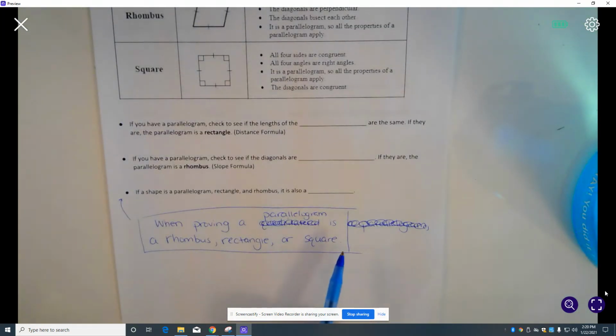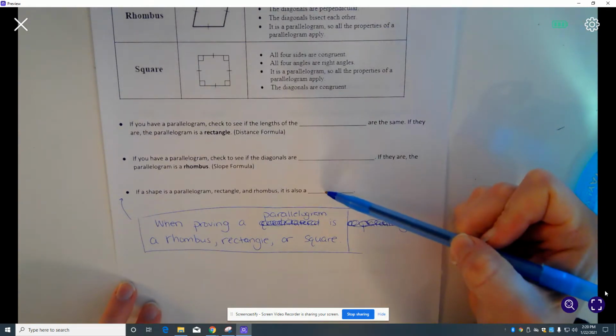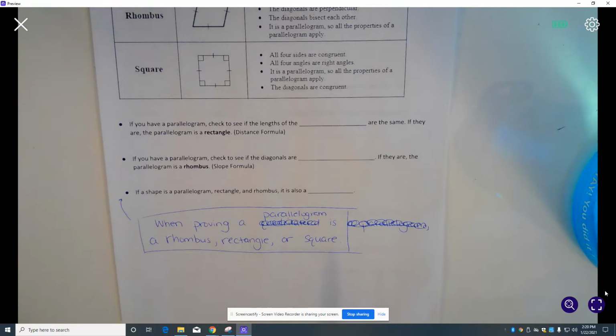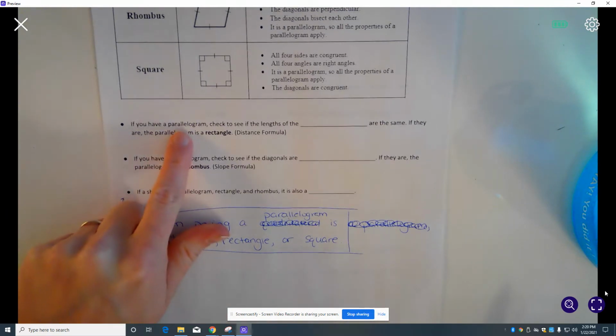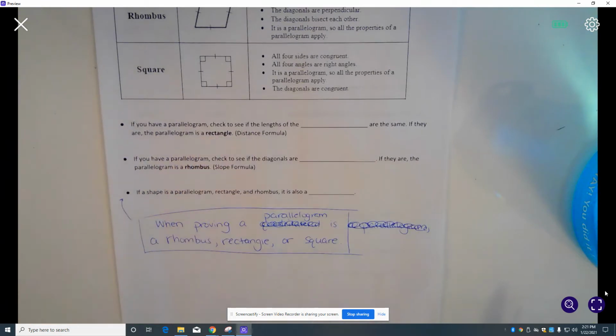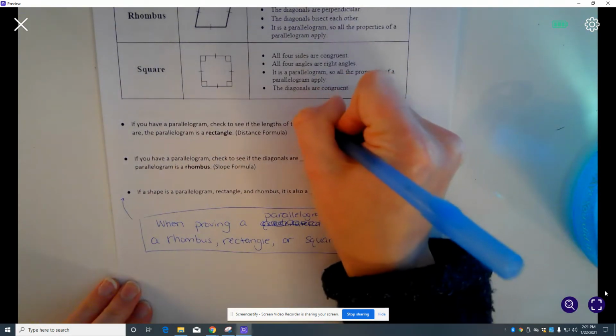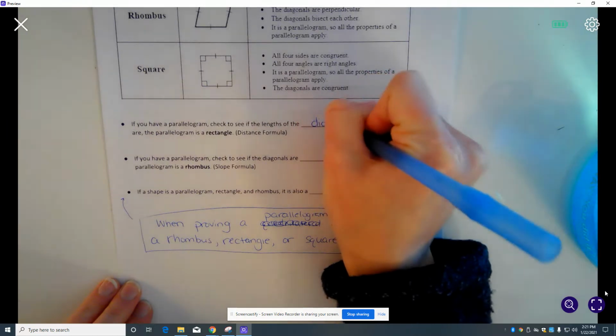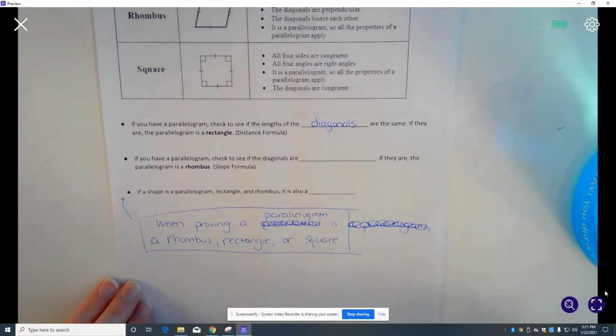when we are proving that a parallelogram is a rhombus, a rectangle, or square, these are the three steps that we are going to take. If we have a parallelogram, to figure out if it's a rectangle, we're going to check to see if the lengths of the diagonals are the same.